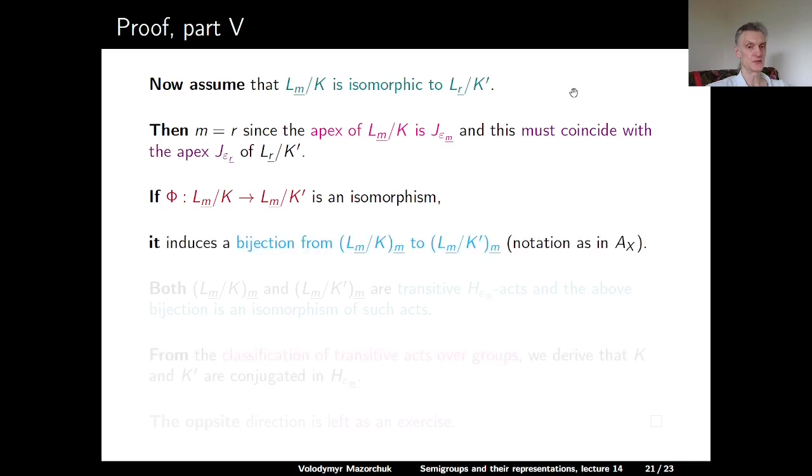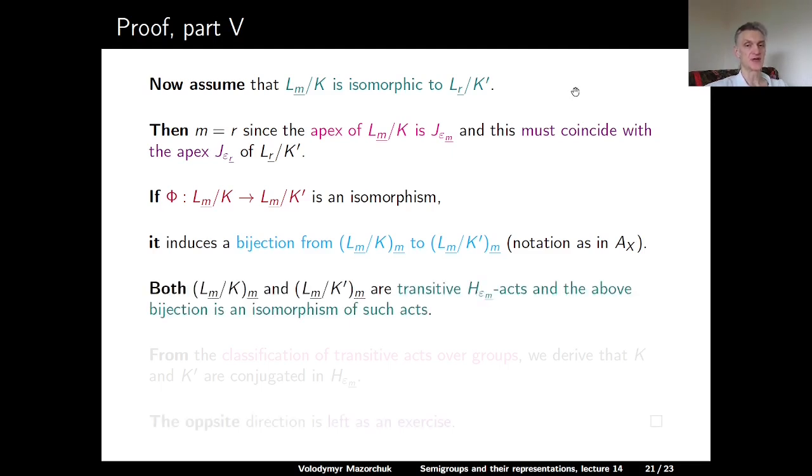So this isomorphism induces a bijection from the set Lm underlined modulo K sub m underlined to the set Lm underlined modulo K prime sub m underlined.